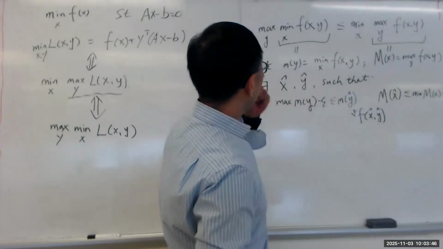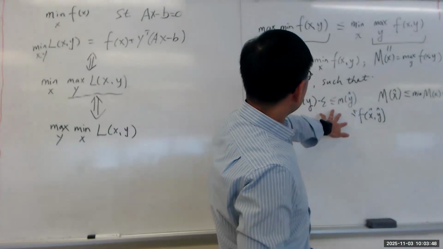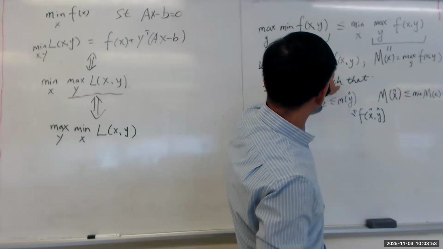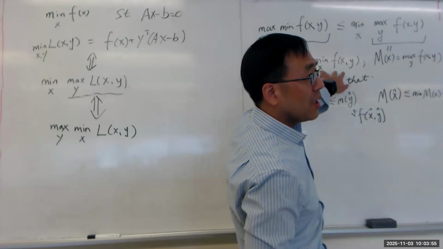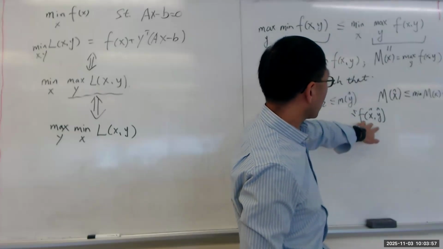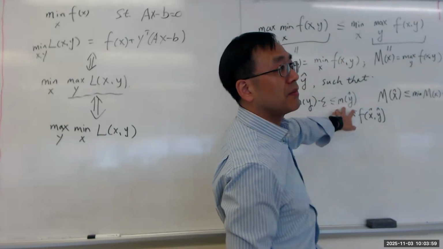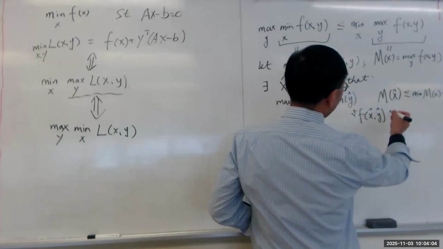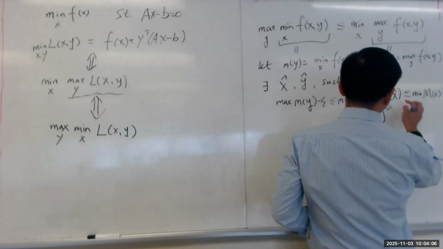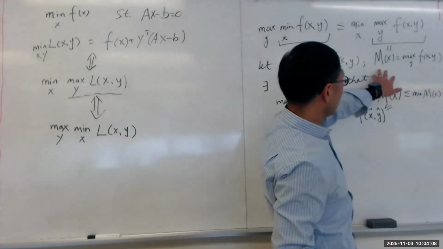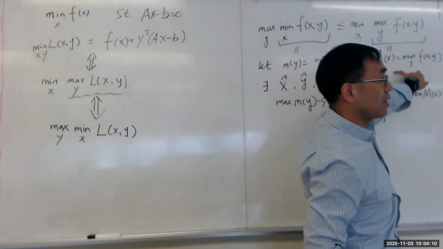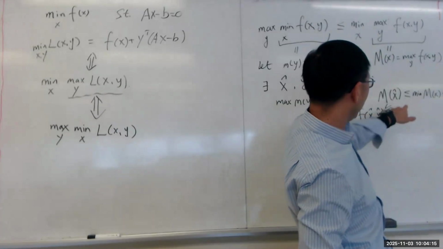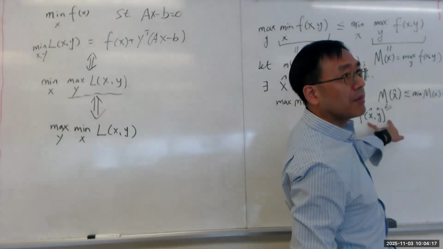Then this M of x is the minimum of this thing, so if you plug in any x hat, it should be bigger than or equal to this minimum. So this value is also less than or equal to this M of x, because this M of x is the maximum of this function. So if you plug in any x hat and y hat, this also holds.